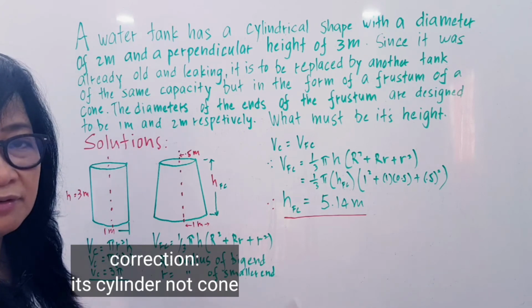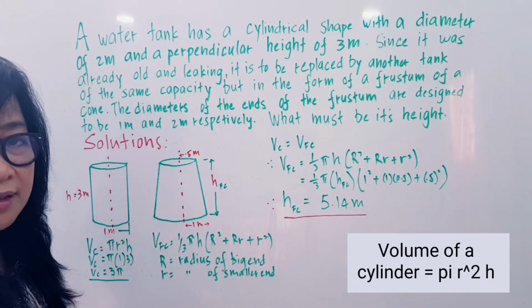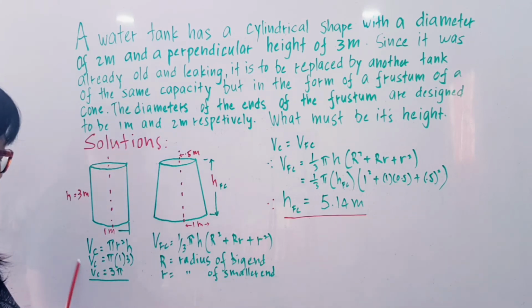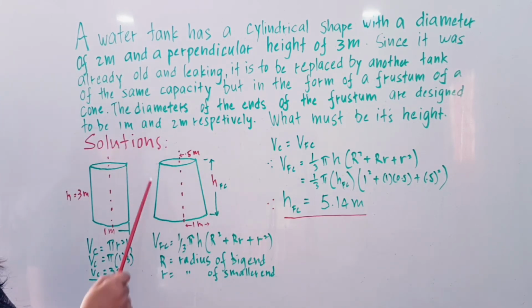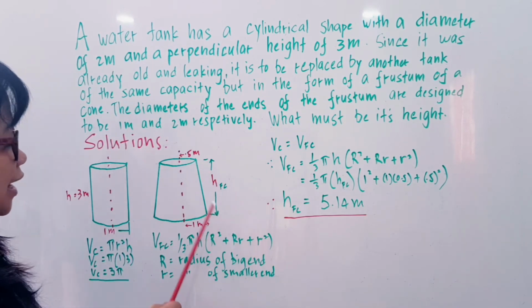In mathematics, the volume of a cylinder is equal to pi r squared times the height. Therefore, to replace the value of r and h, volume of the cylindrical tank is equal to 3 times the pi.